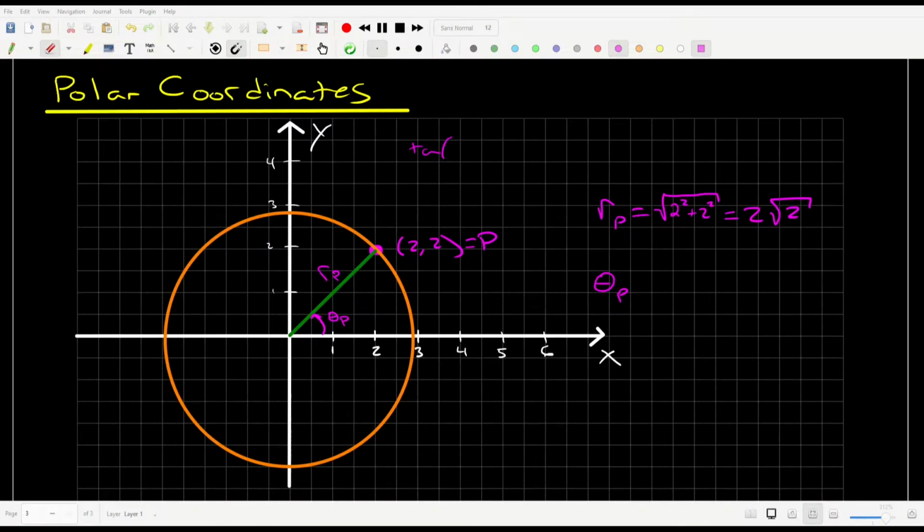So tangent of theta P is going to equal 2 over 2, or 1, and theta P then is going to be equal to the angle pi over 4.